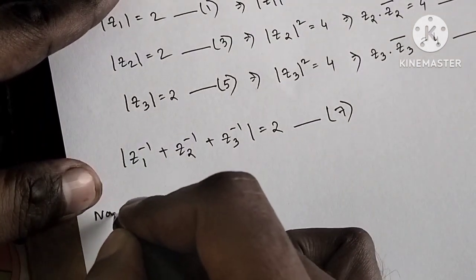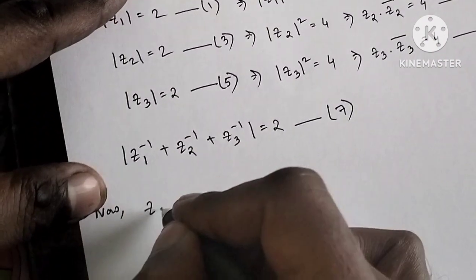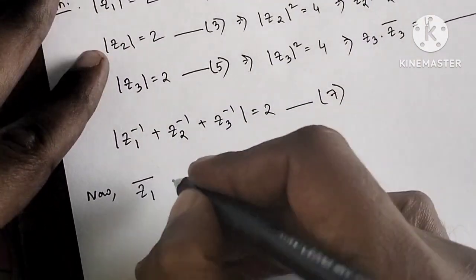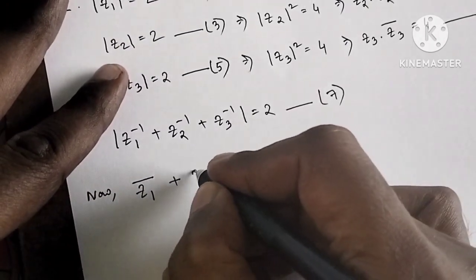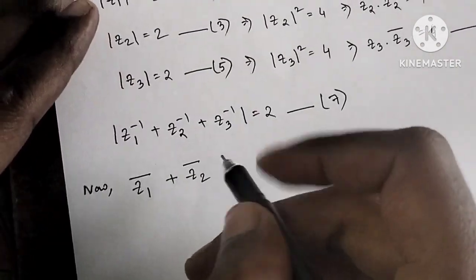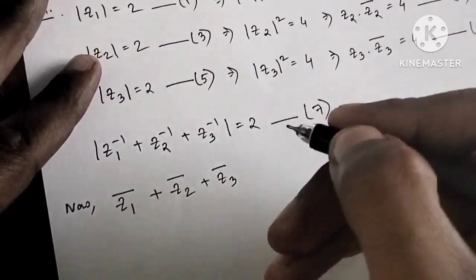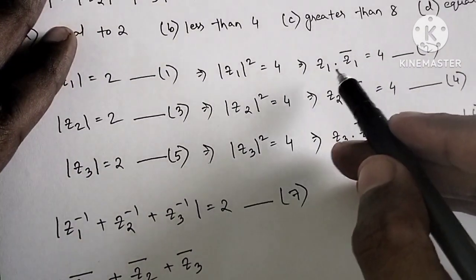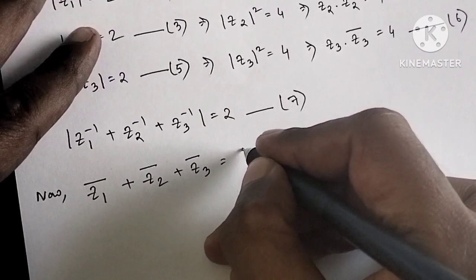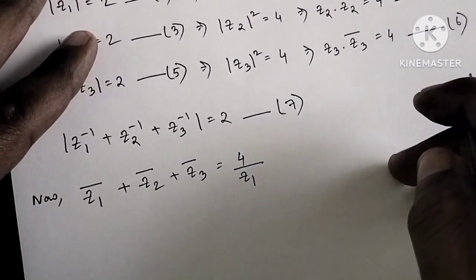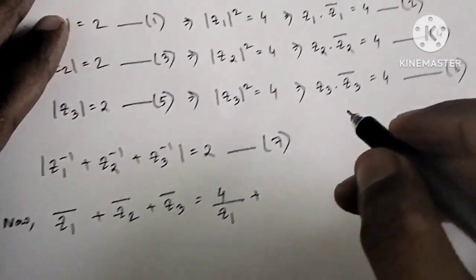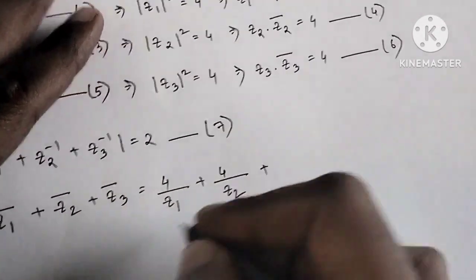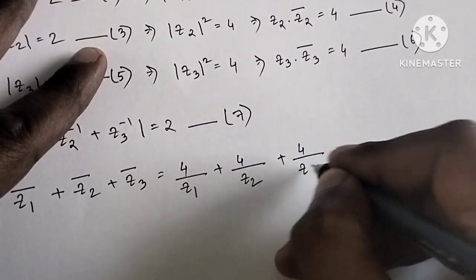Now what will we do? z1 conjugate plus z2 conjugate plus z3 conjugate. z1 conjugate I can write as 4 by z1, plus z2 conjugate I can write as 4 by z2, plus z3 conjugate I can write as 4 by z3.